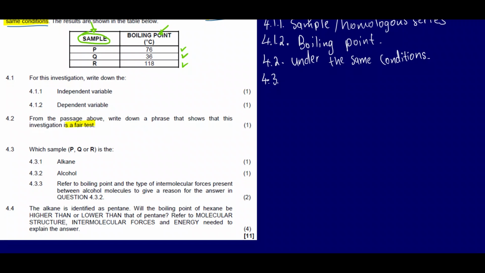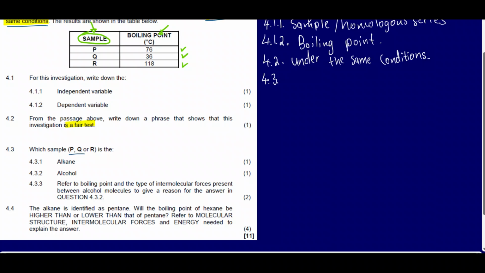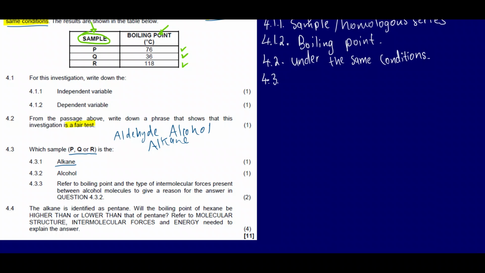Which sample, P, Q or R, is the alkane? Remember, we have an aldehyde, an alcohol and an alkane. An alkane is going to have the lowest boiling point because of the weakest forces.